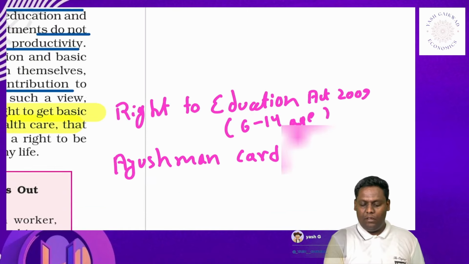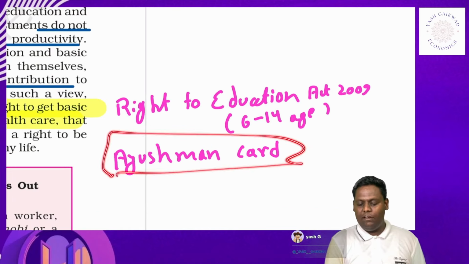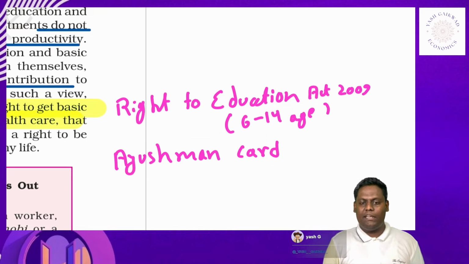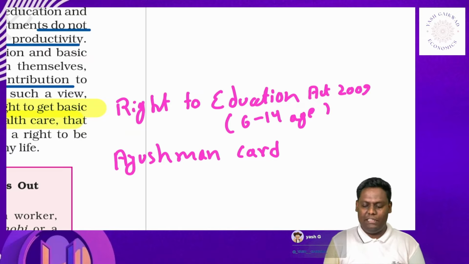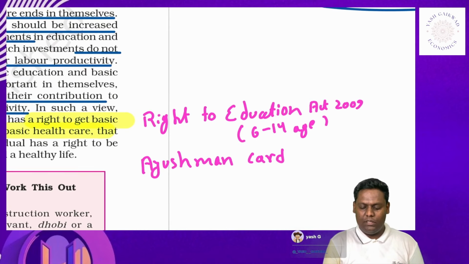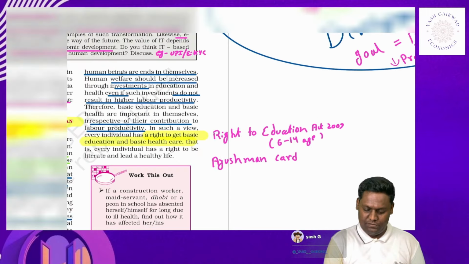At the same time, another initiative by Government of India is the Ayushman Card. It is a card that enables a person to get free of cost treatment for various illnesses at both private and public hospitals, and the cost for such treatment to a certain level will be borne by the government itself.